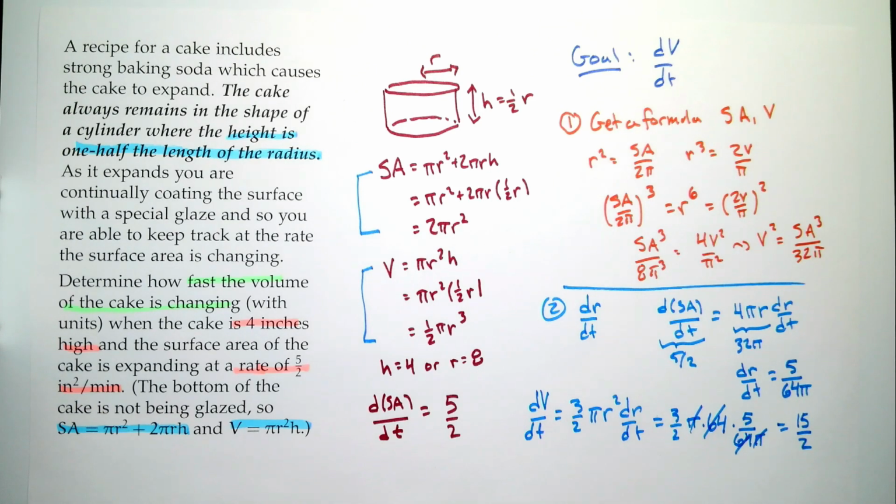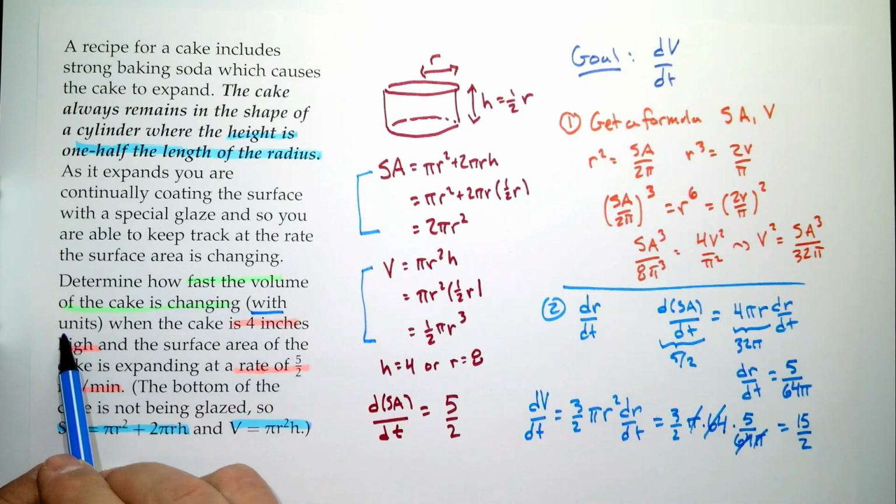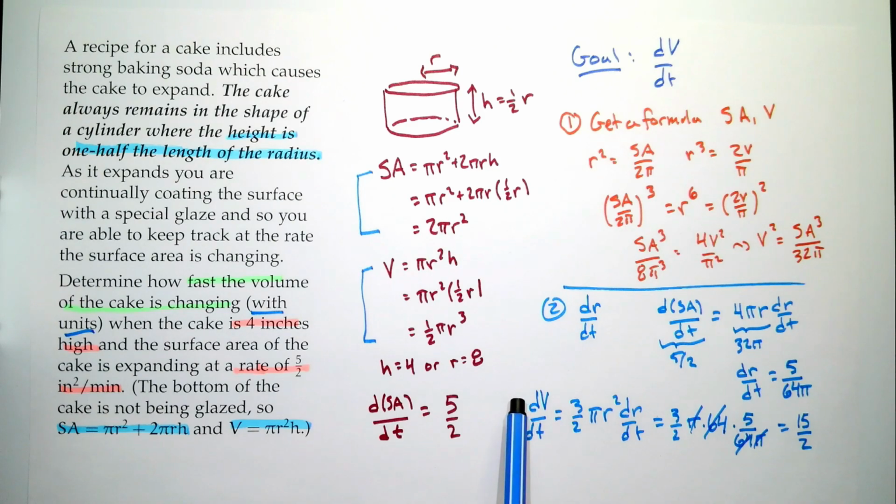We're not quite done. What are we missing? Yeah, because somewhere in here it says with units, which means we have to figure out what the units are. Well, the way to figure out units is you look at this expression dv dt. What are the units of volume? Well, what are we measuring our sizes in?